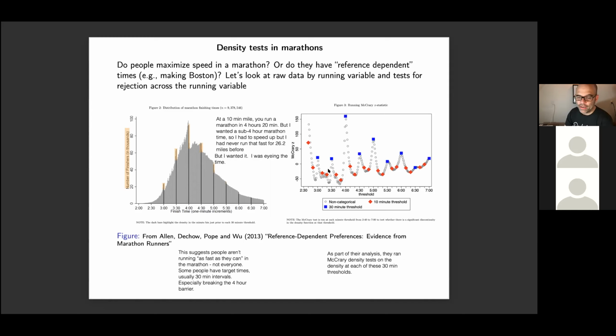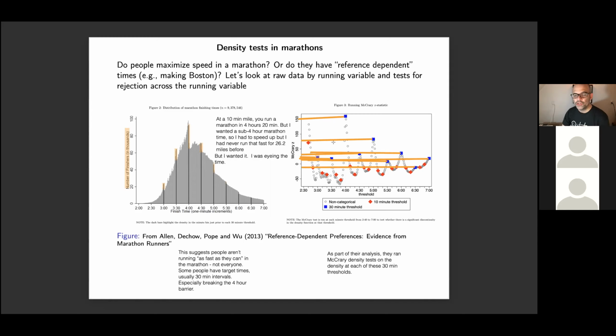And you can see that right here in blue. So the McCrary density test, greater than 0, 150, 25, 75. Now it's getting smaller. As we get over here, it's getting less and less significant.